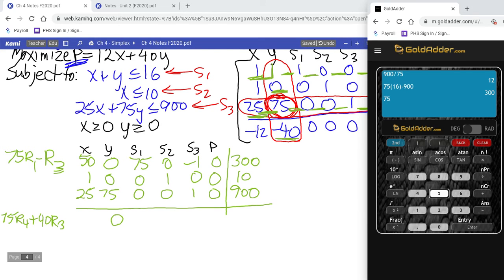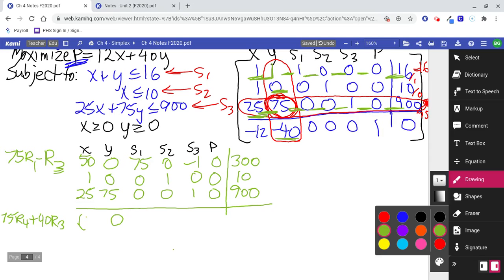So 75 of the row 4s, first number is negative 12, plus 40 of the row 3 numbers, which was 25, gives me 100. Okay, so that number right there is 100. And my Y number is 0.